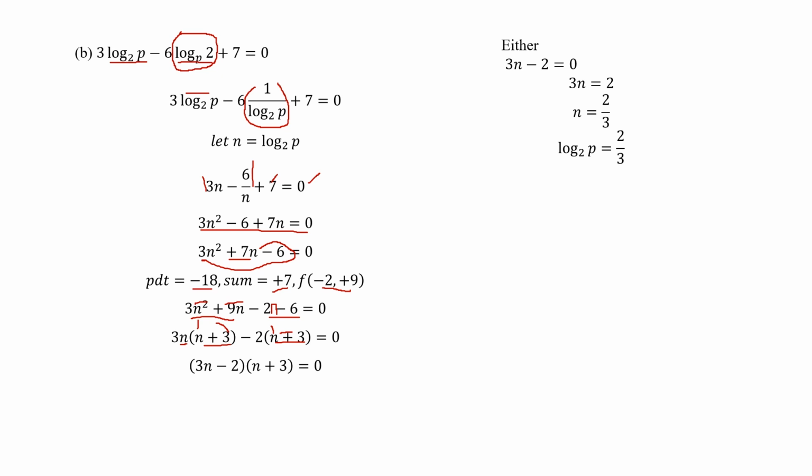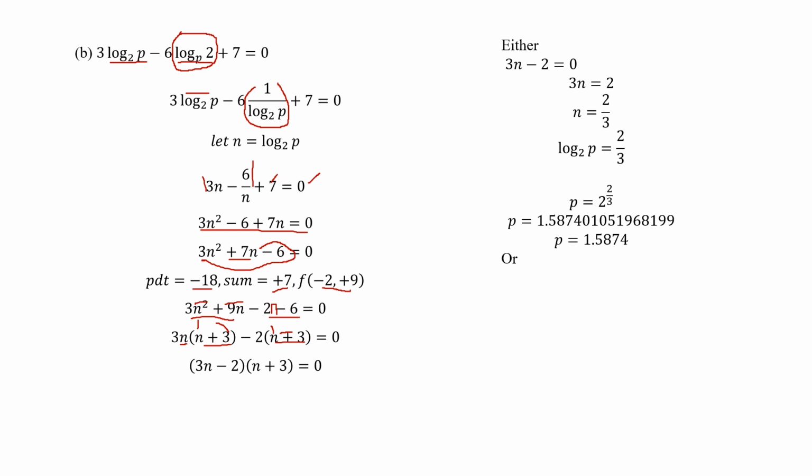Then using the definition of logarithm, we are having p as 2 power 2 all over 3. So when we place the calculator there, we have that answer. Then we round it off to 4 decimal places to have our 1.5874.